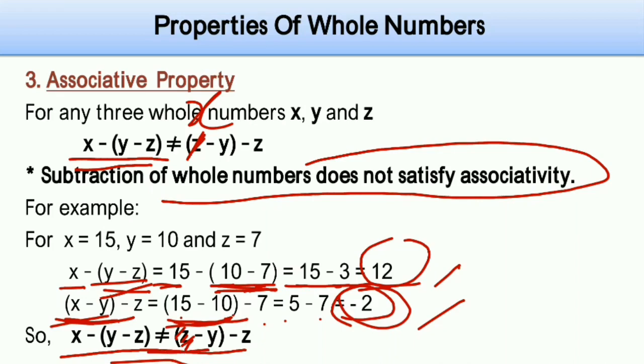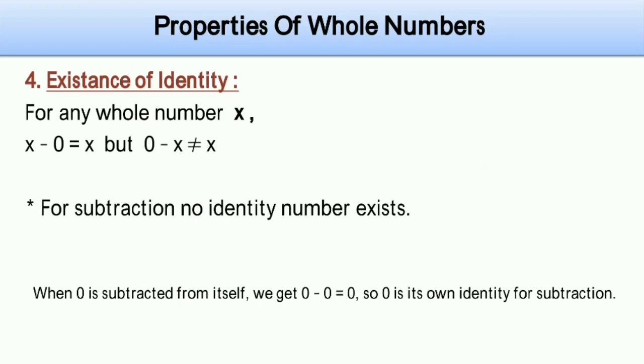If the result would be equal even after changing the grouping of the numbers, then it would be said that subtraction of whole numbers is associative. But here we are getting a different answer. We have not got the same result even after changing the grouping, so subtraction of whole numbers is not associative.